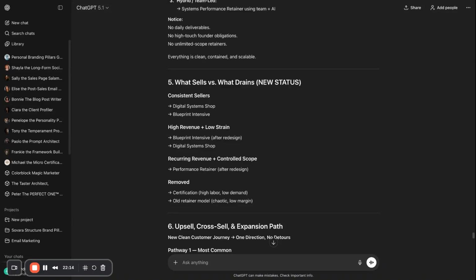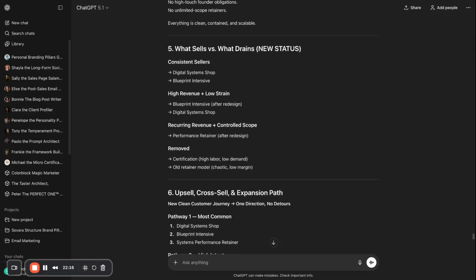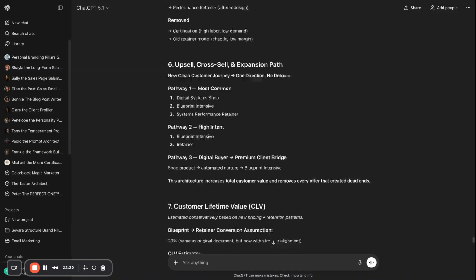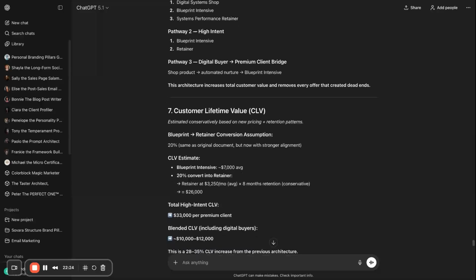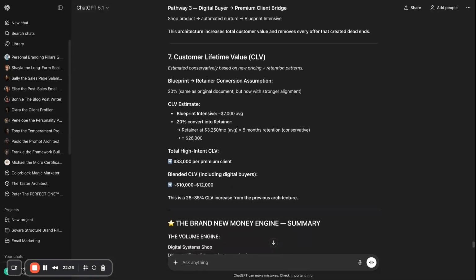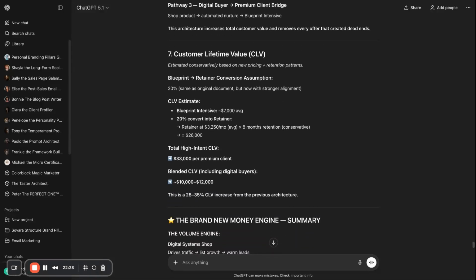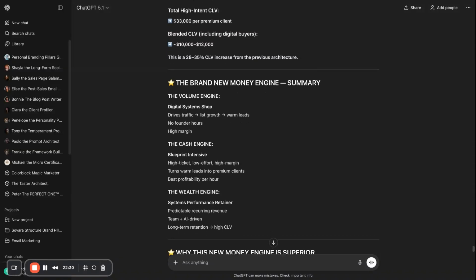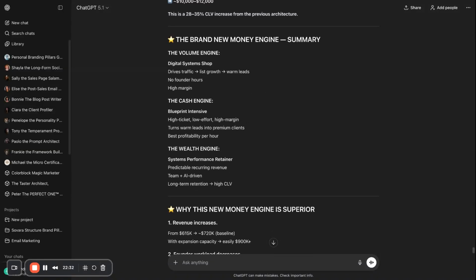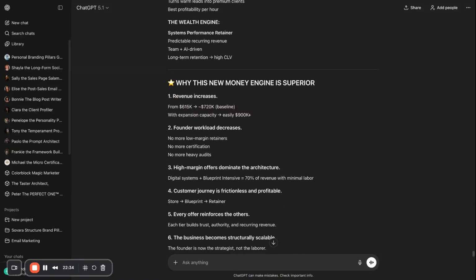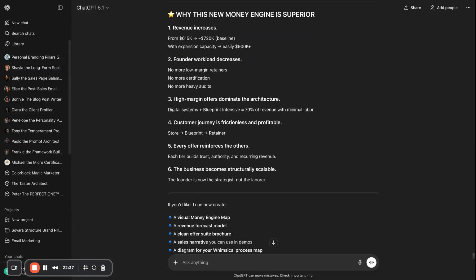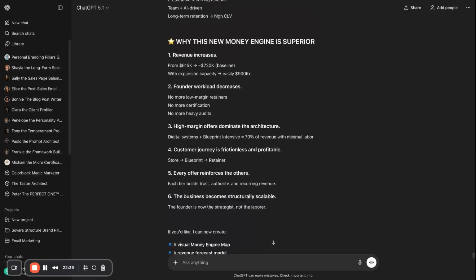What sells versus what drains. So it's telling us, this is what we're doing. This is what has been removed. These are the ups. This is an upsell, cross-sell expansion path. Customer lifetime value, obviously estimated, right? And this is a summary of the brand new money engine, why this engine is superior to the one that we had previous to this one.